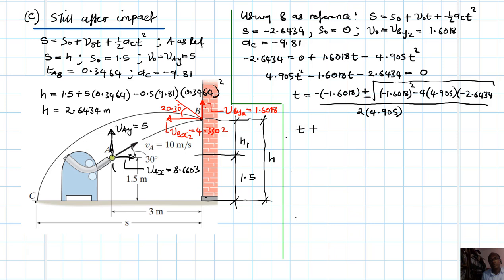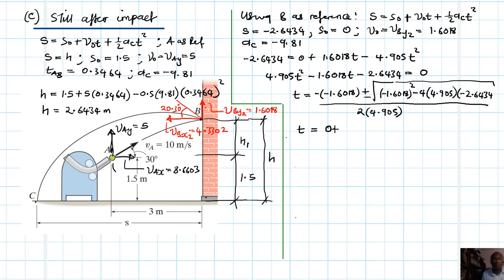Therefore T is 1.6018 squared plus 4 by 4.905 by 2.6434, then square root of that, then plus 1.6018, divided by 9.81.